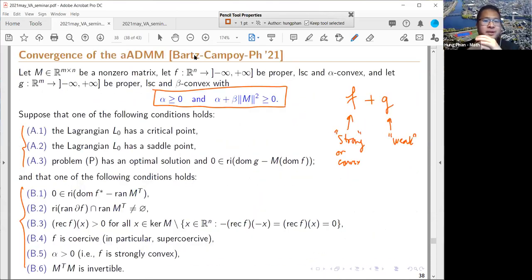Oh yes, yes. For the adaptive ADMM, we have a matrix instead of a linear operator. We decided that we're going to go with finite dimension first. I think it's also possible to extend it to infinite-dimensional settings, but we want to make sure that it works nicely, so for now we work with finite dimensions. Okay.